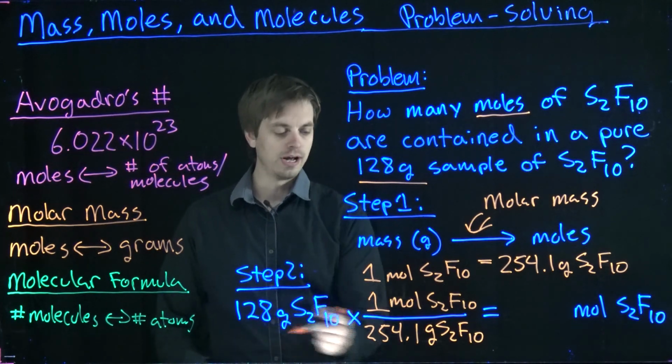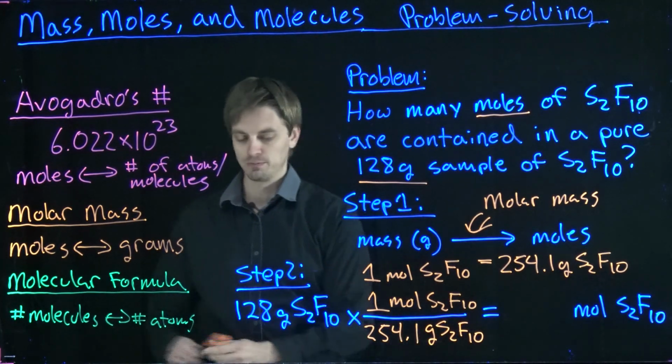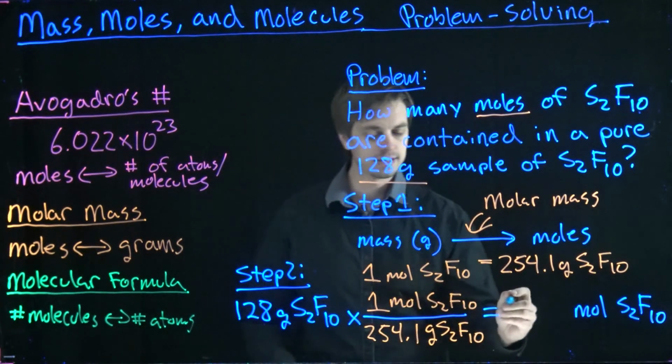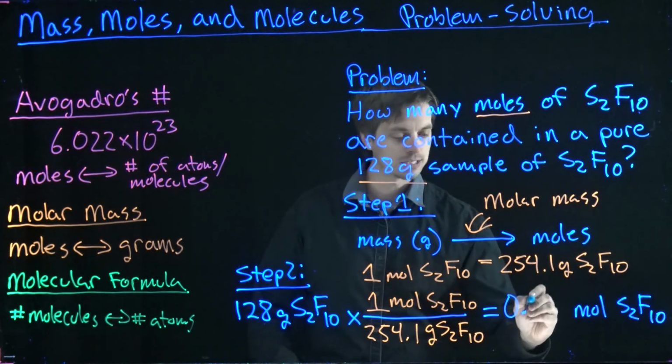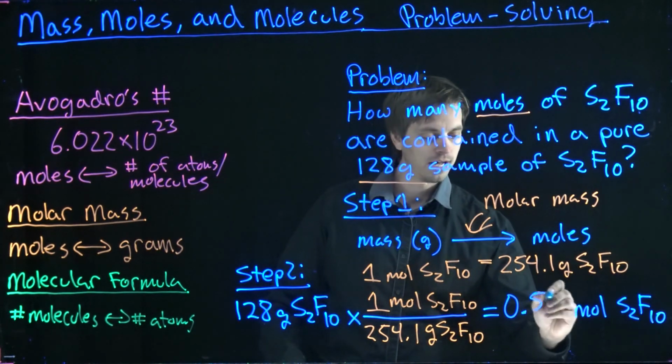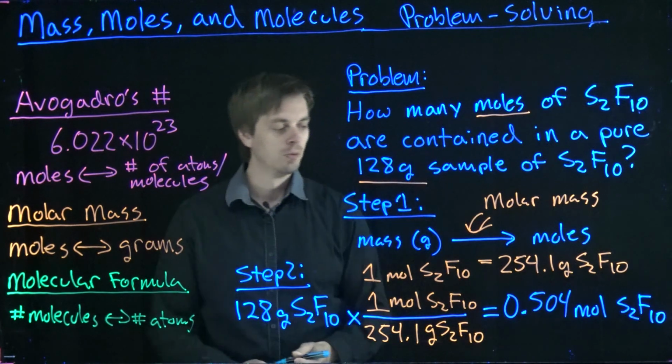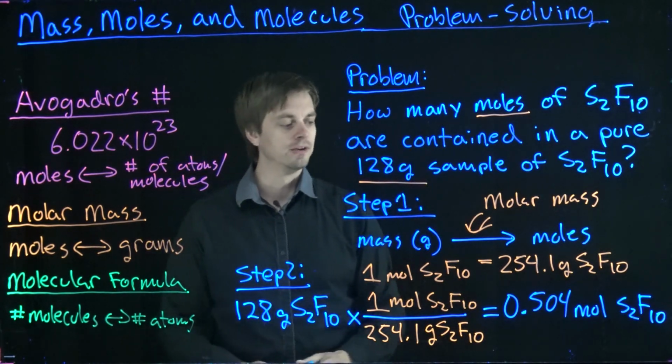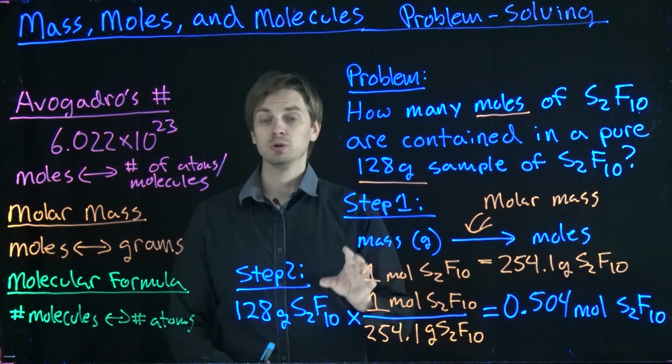Grams cancels out, and we're left with units of moles. If we plug that into the calculator, you should get a value of approximately 0.504 moles of S2F10.